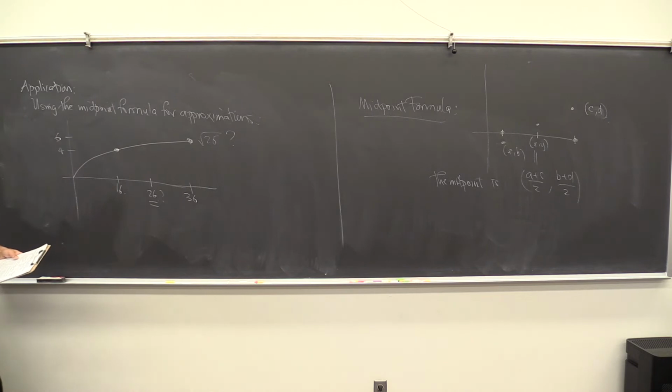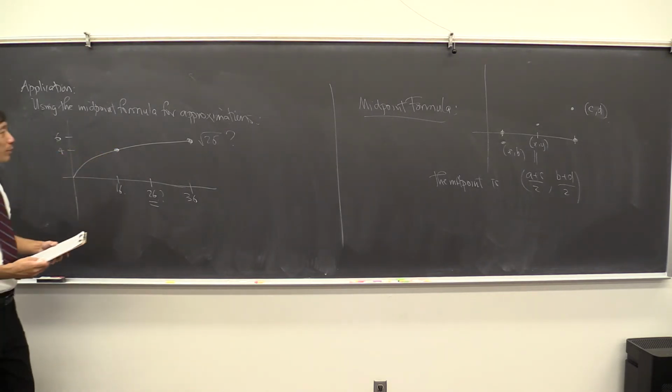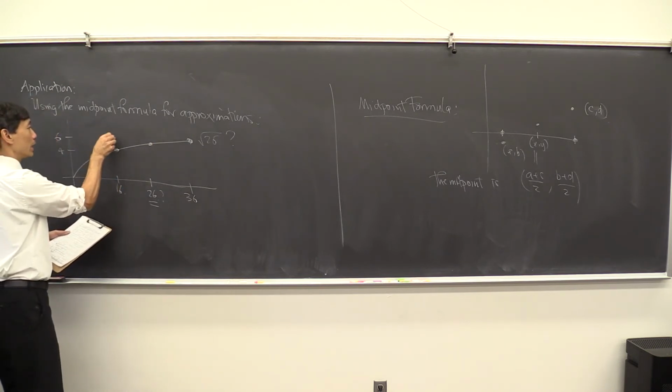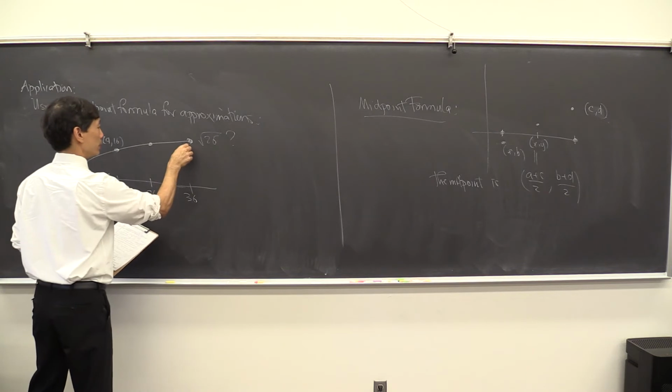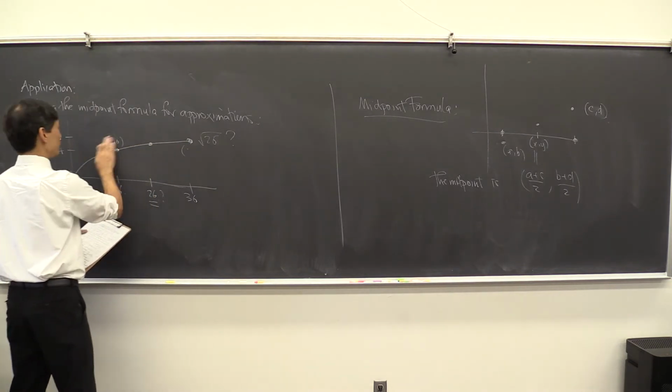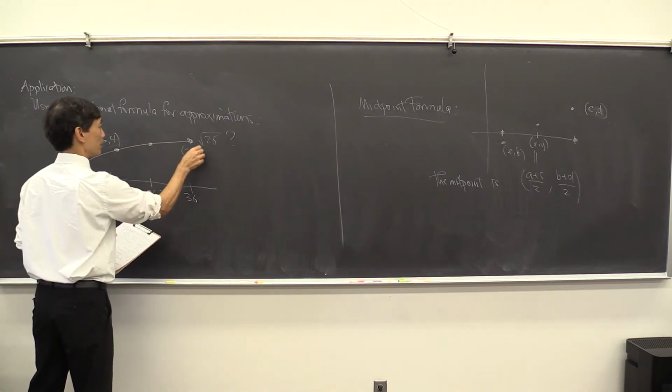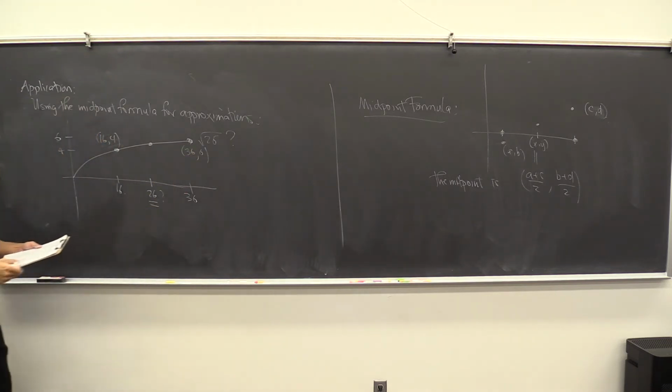And so they say, well, it's not unreasonable to take the midpoint, right? So take the midpoint here. This point is 16, 4, and this point is 36, 6, right?